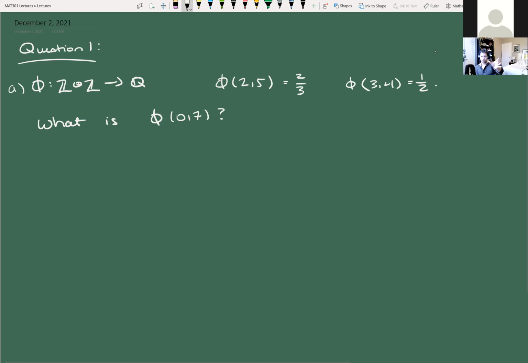If we think about (2,5) and (3,4) as vectors, and this map has to be additive, so that's almost linear, then the best we can do is say something about any linear combination of these two vectors. So the question is, can I write (0,7) as a linear combination of (2,5) and (3,4)?